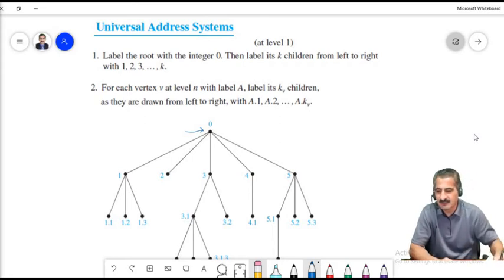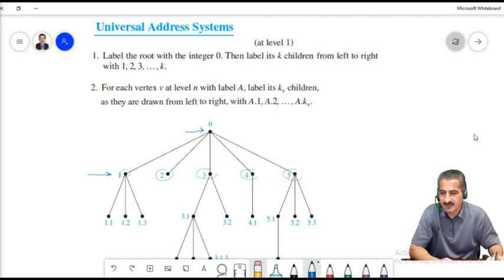And then the level after that will be given integers, as we see here, 1, 2, 3, 4, and 5, and so on. And the level that comes after, the subtrees that have 1 as the label of their root will take these values: 1.1, 1.2, 1.3.